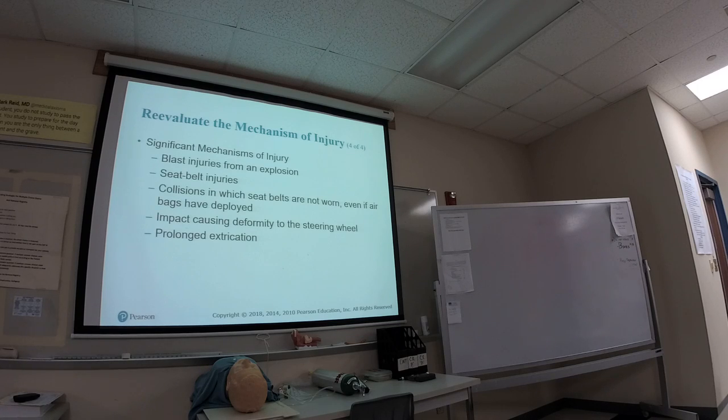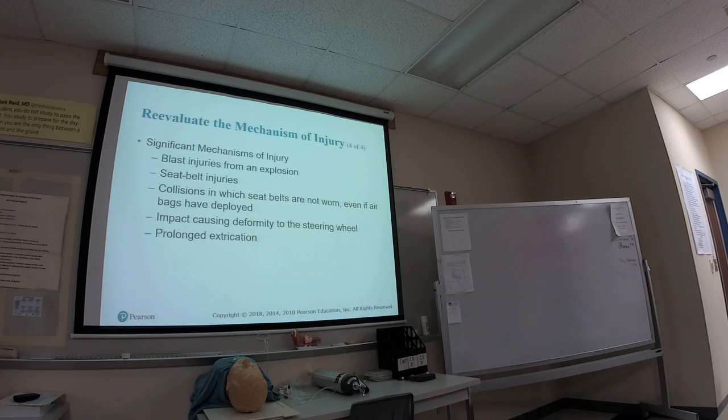Anything that damages the steering wheel, where the steering wheel is bent, that's like steel, right? So when you bend that, you're now the woman of steel, man of steel. You're bending that steering wheel. That is a lot of force that takes place there.